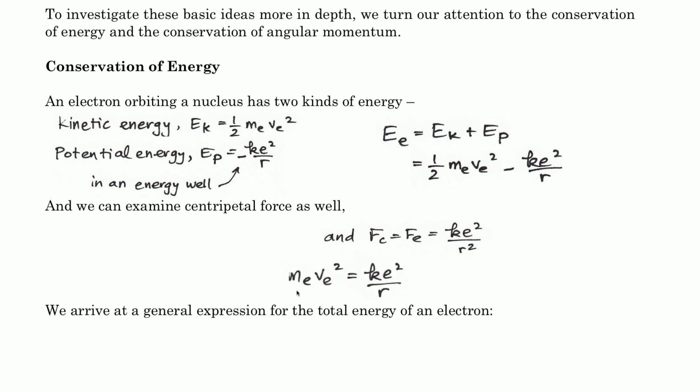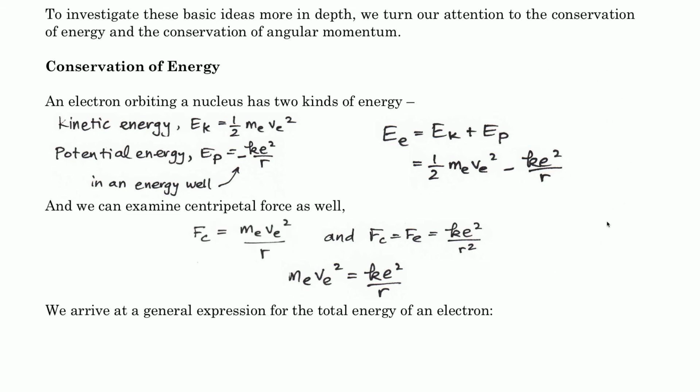And so mv squared equals ke squared over r, because centripetal force is mv squared over r, as you know. And so we can basically massage this and pop this into here, and we can arrive at a general expression for the total energy of electrons using really nothing other than what we've talked about before.